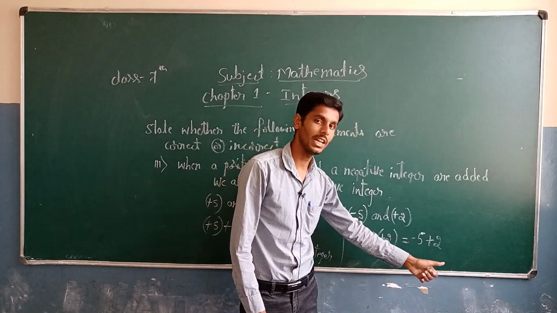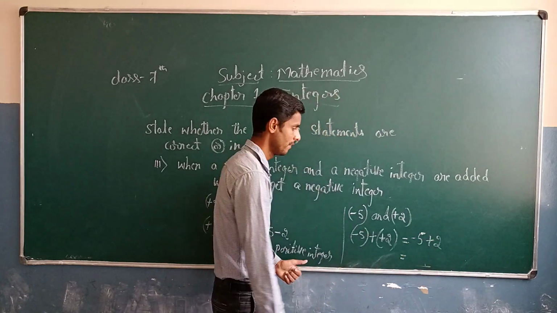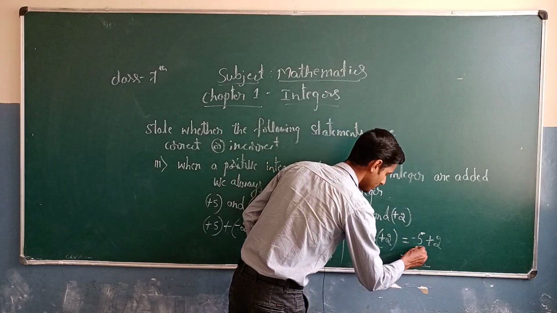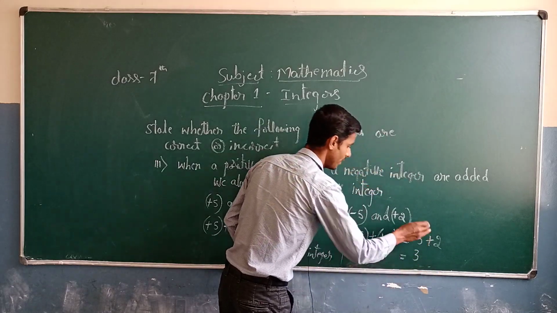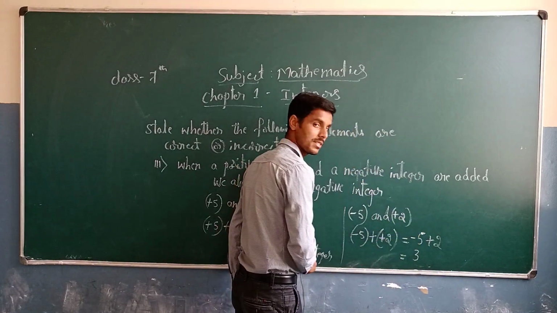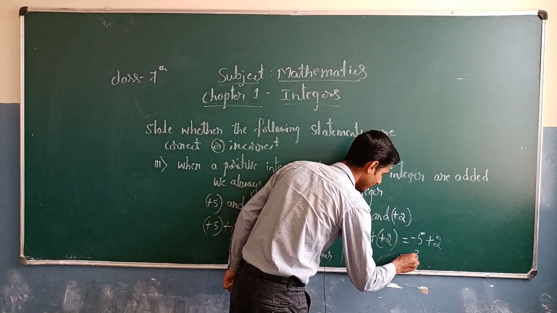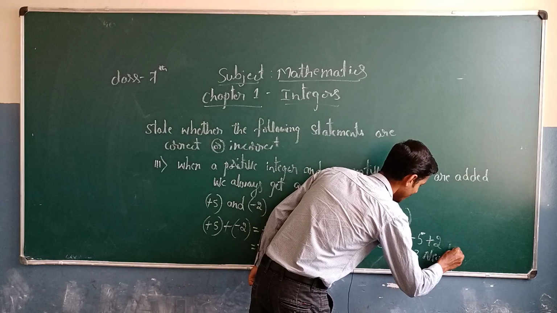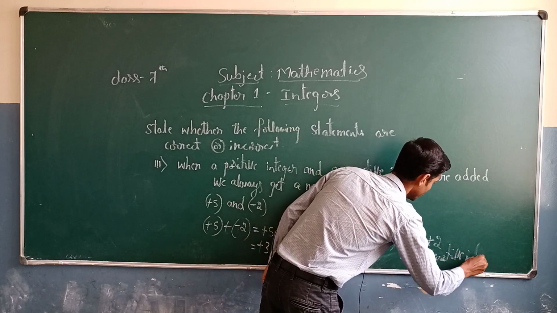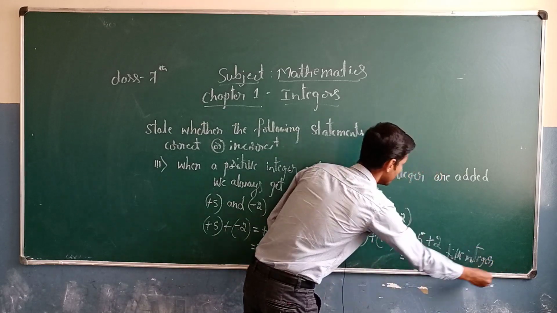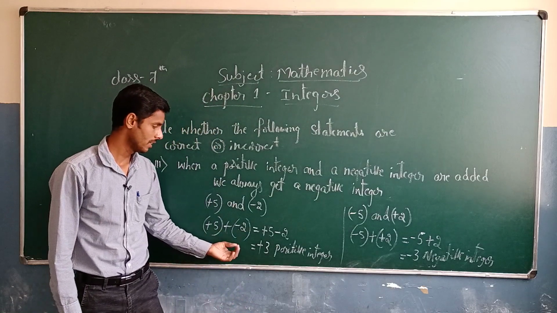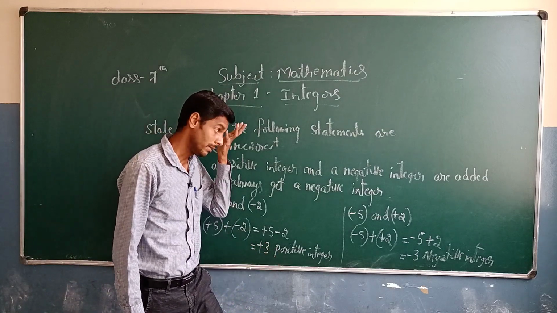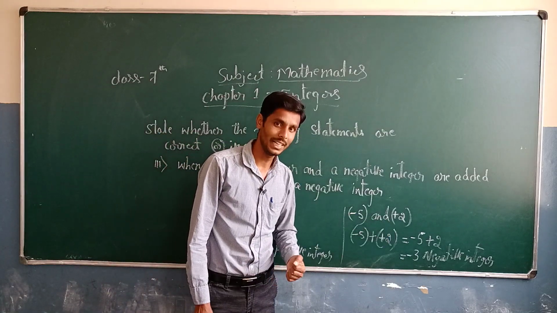When we have opposite signs, we will subtract. 5 minus 2 is 3, but this 5 consists of a minus sign, therefore we will put minus 3. Here we got a negative integer. In this case we got a positive integer, but in that case we got a negative integer.